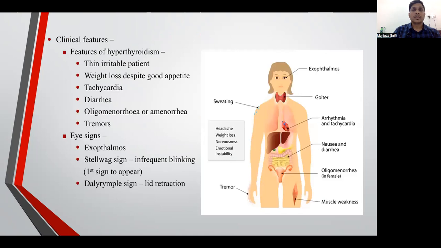These are the clinical features, mainly features of hyperthyroidism. The thin, irritable patient with weight loss despite good appetite. Then there will be tachycardia, diarrhea, oligomenorrhea or amenorrhea, and tremor.